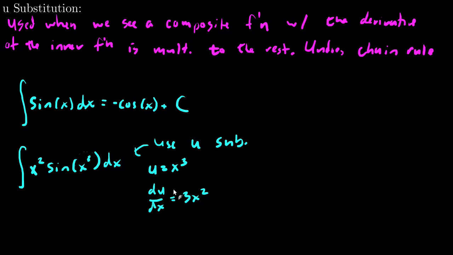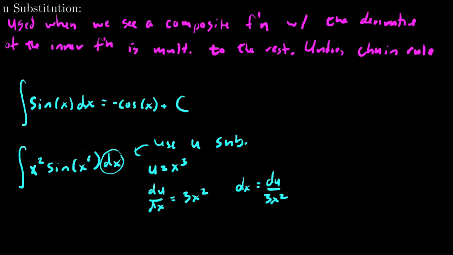When I replace this dx with du, I'll get that dx is du over 3x squared, and the x squareds are going to cancel. That's why I don't need the 3 here, the constant can come out, but I need those variables to cancel. Let's see a couple of examples.